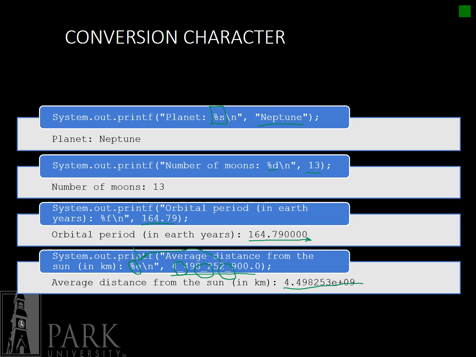So if you remember, plus E 09 means we're going to move this decimal 1, 2, 3, 4, 5, 6, 7, 8, 9. So we're going to add 2 zeros at the end of it. All right. And you also notice that it rounded up. So those are some examples of some format specifiers without any flags or width or precision modifiers.